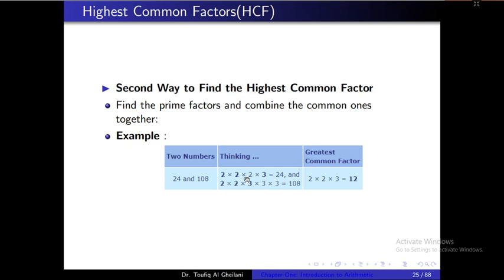We explained how to get the prime factorization of any number in the previous two slides, and we get the prime factors of 108 as 2 times 2 times 3 times 3 times 3. Now what's the greatest common factor? 2 times 2 times 3, the common ones, we get 12. So the highest common factor of 24 and 108 by the second way is 12.